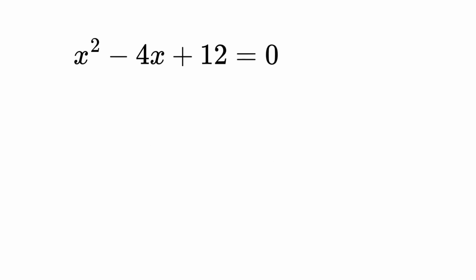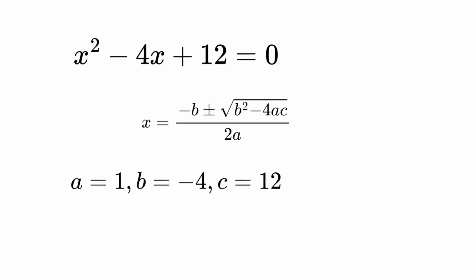So now take x square minus 4x plus 12 equals 0. This is a quadratic equation, so we have to find the roots, and our root formula is minus b plus or minus square root of b square minus 4ac by 2a. Here a is equal to 1, b is equal to minus 4 and c is equal to 12.